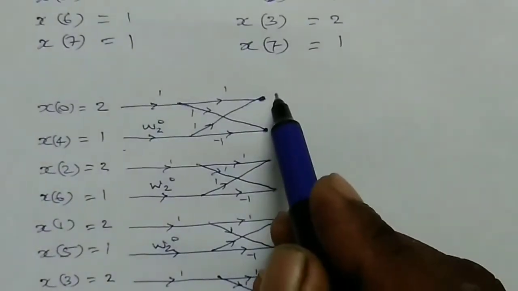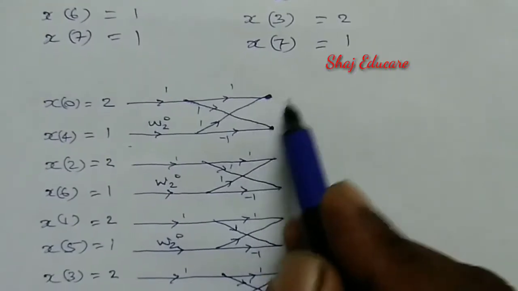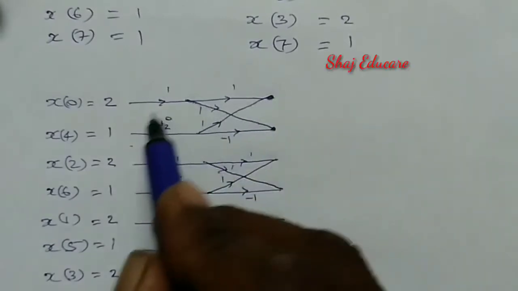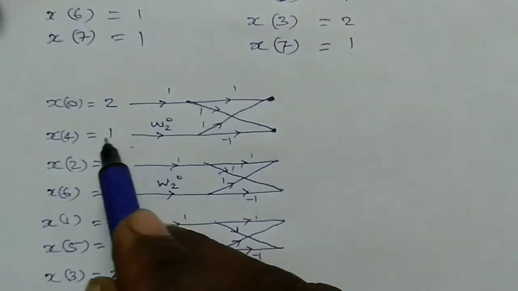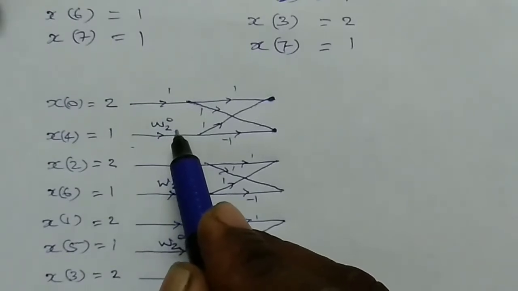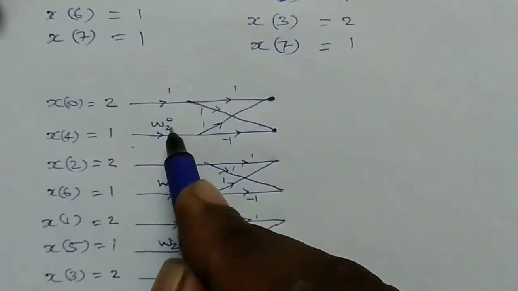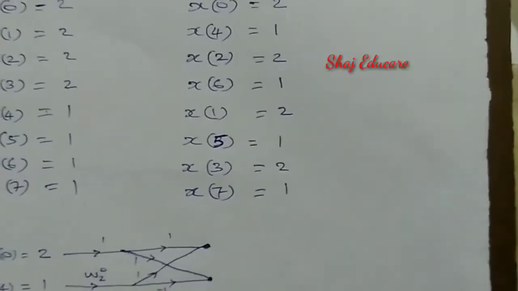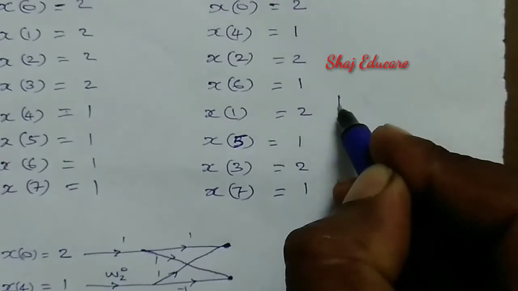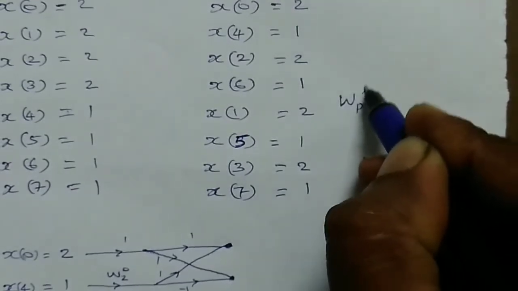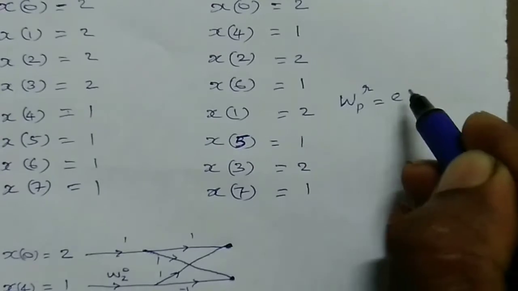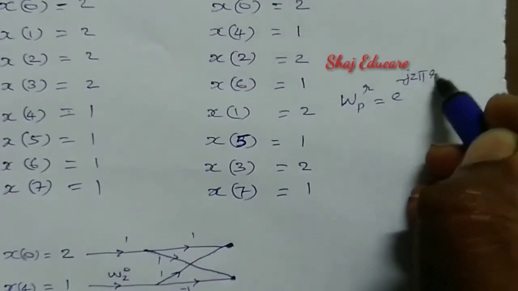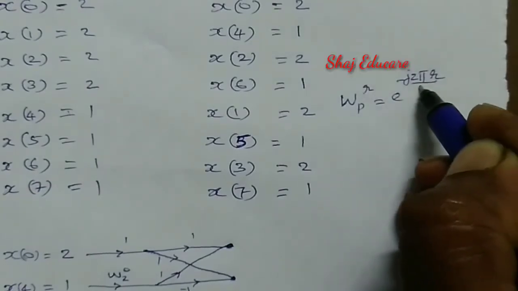Now we have to find the output after the first stage of computation. Here we have 2 plus 4 into W2 raised to 0. Now we need to know the value of W2 raised to 0, so let us find that before proceeding. Basically W p raised to r is defined by e raised to minus j 2 pi r by p.